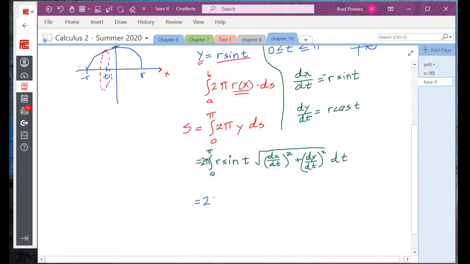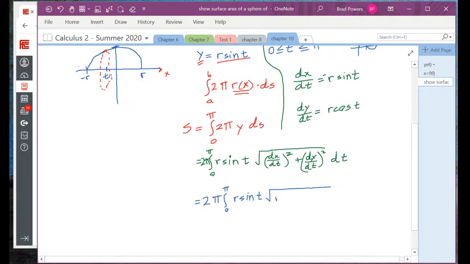No whammies. 2 pi times the integral from 0 to pi, my values for t. R sine of t times, and hopefully this just turns into a 1. Oh no, an r, it looks like. dx/dt is negative r sine t.